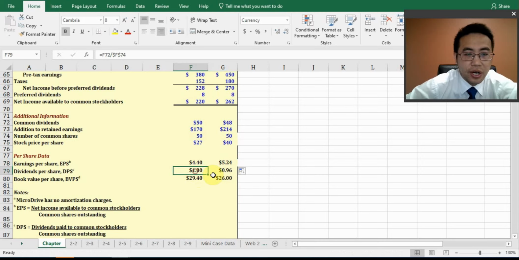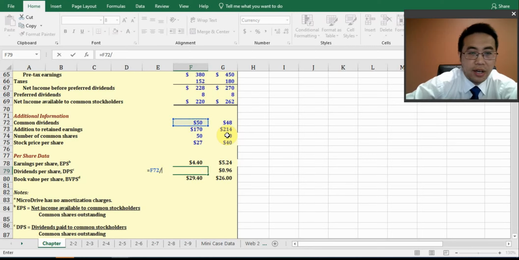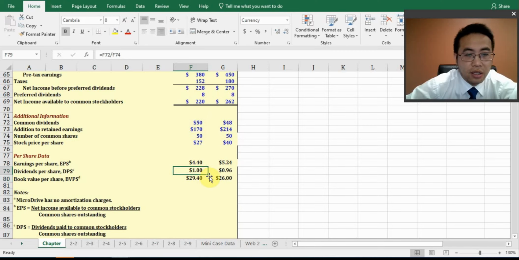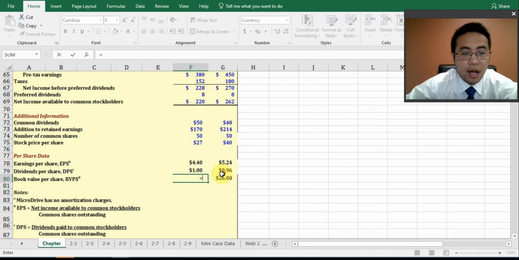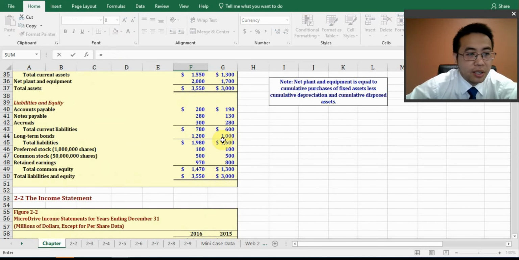And the dividend per share, I'm going to use the dividend, which is right here, divided by the shares outstanding. Then drag it. The book value per share comes from the common equity from the balance sheet. So it is right below the retained earnings.